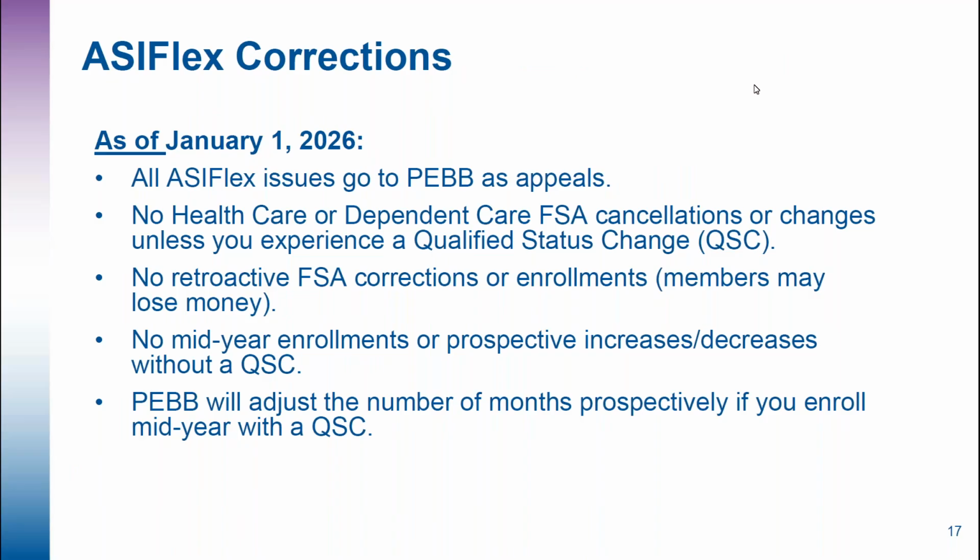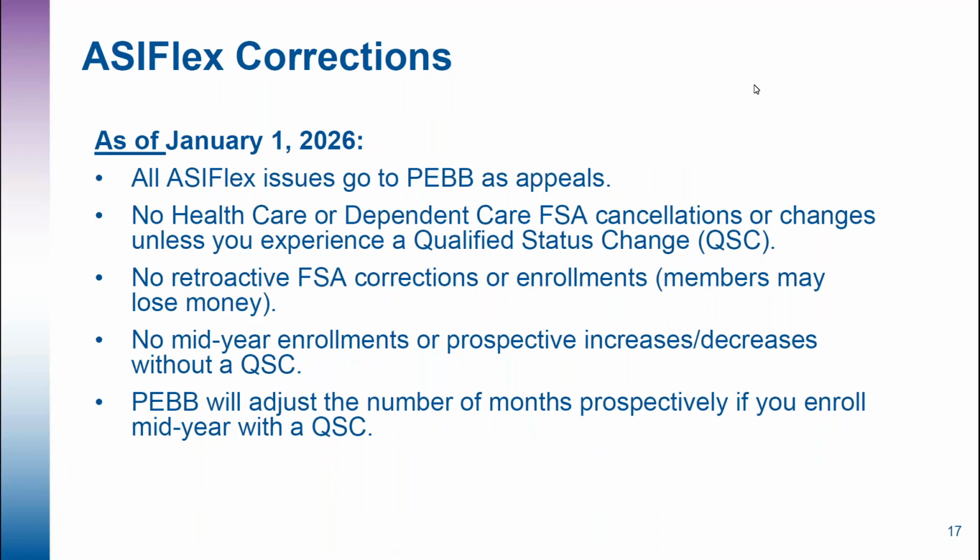No retroactive FSA corrections or enrollments. Sometimes members lose money because they enrolled in the wrong account and they cannot get out of it because the plan year has started. No mid-year enrollments or prospective increases or decreases without a QSC, which is a qualified status change. The only thing PEBB will do is adjust the number of months prospectively if you enroll mid-year with a qualified status change.